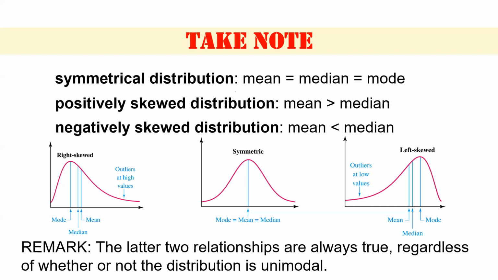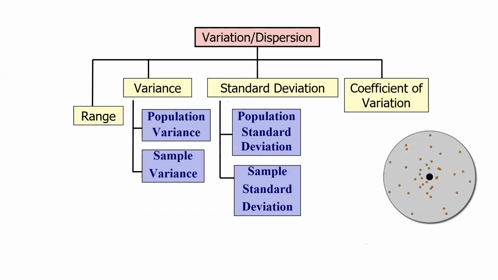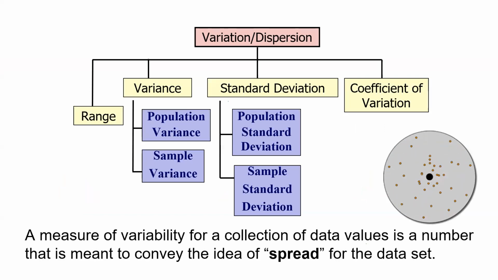Okay. Let's proceed to measures of variation or dispersion. If measures of central tendency would tell you at what certain value the data would cluster, measures of variation, dispersion, or variability, on the other hand, would tell you of the spread of the data.